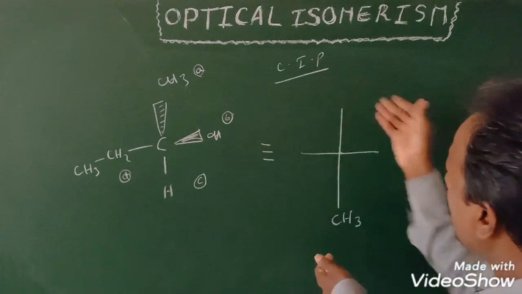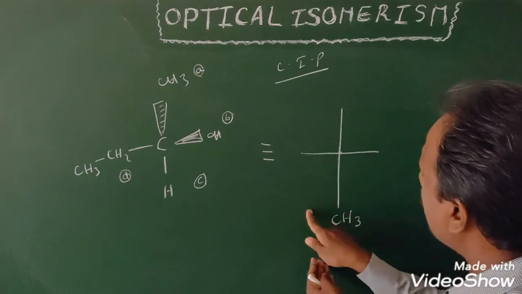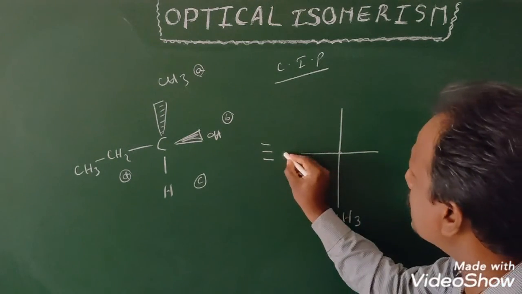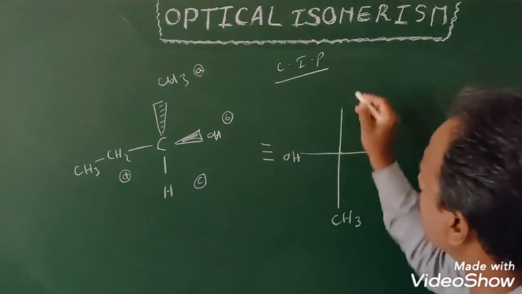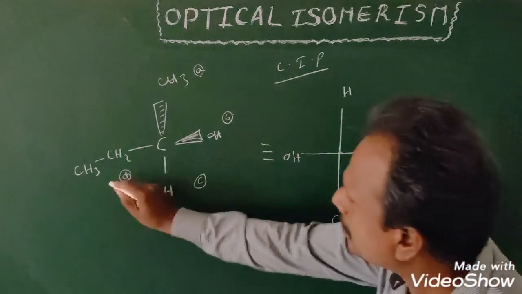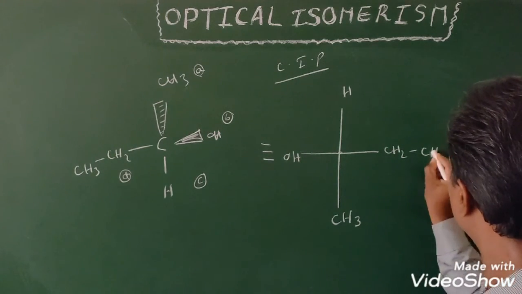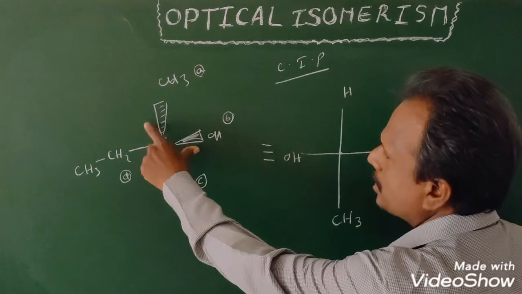It is A, then in clockwise the remaining groups follow: here B, B means OH. Here C, C means H. D means ethyl. This is the simple trick to convert wedge-dash projection to Fischer projection.